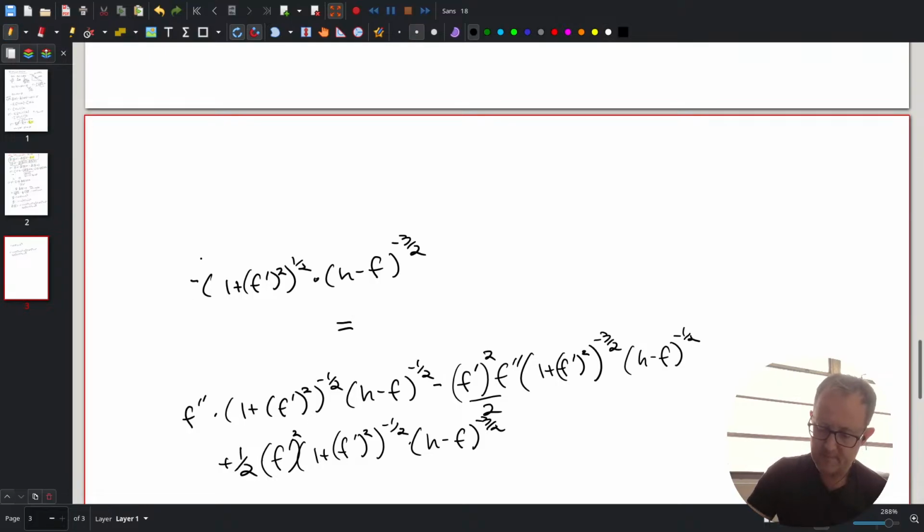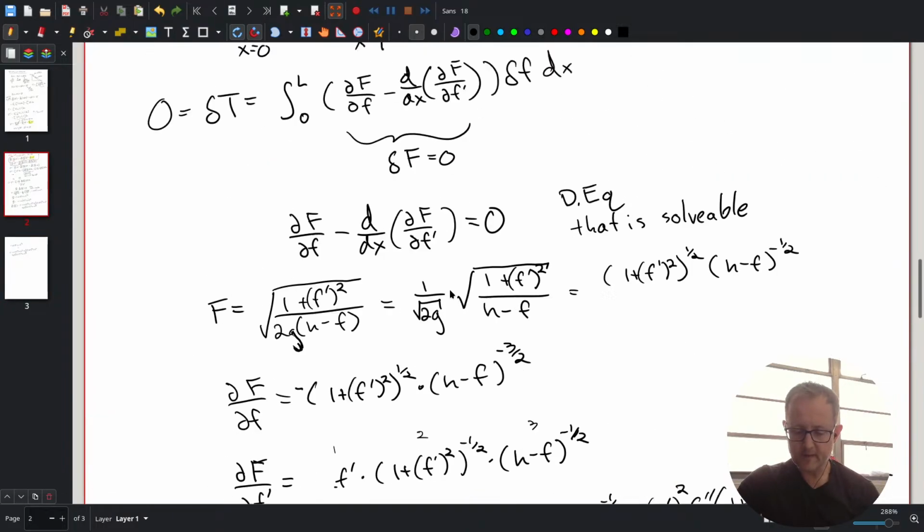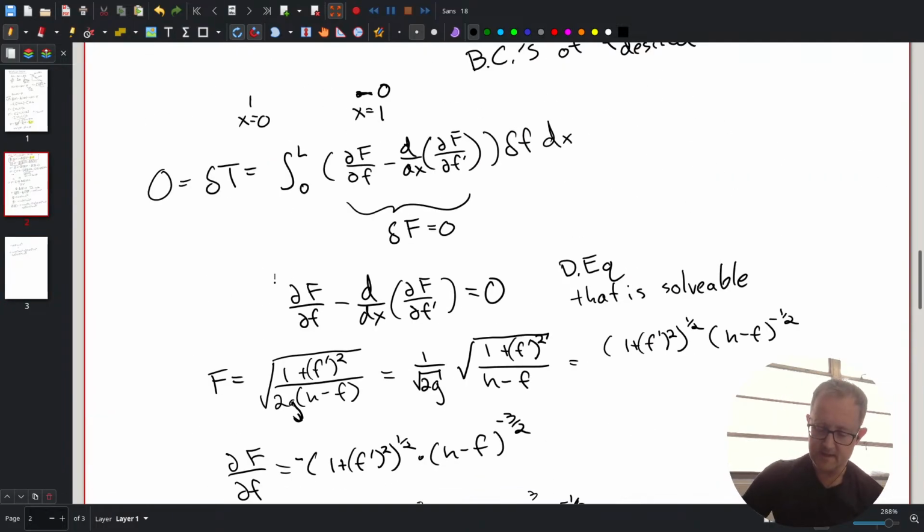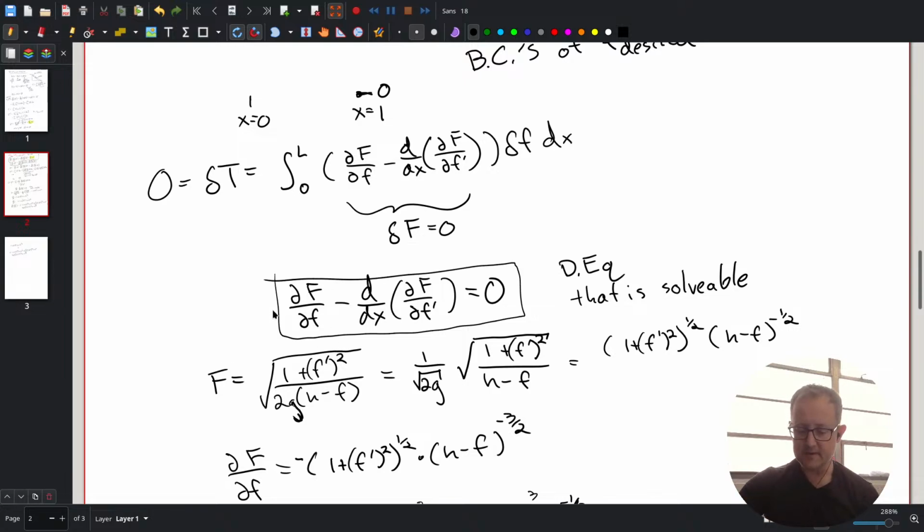Because we started off with this idea that this has to be true: dF/df equals d/dx of dF/df prime.